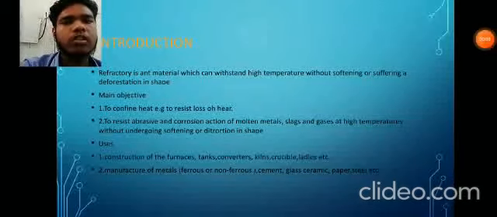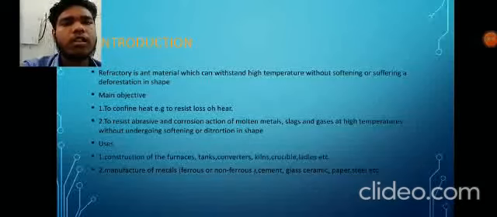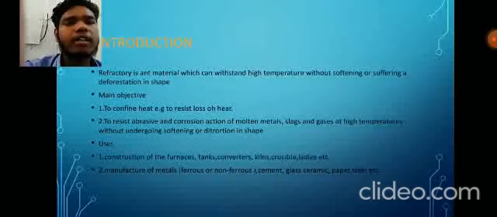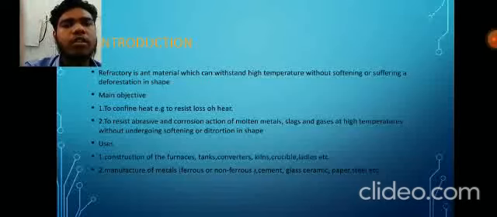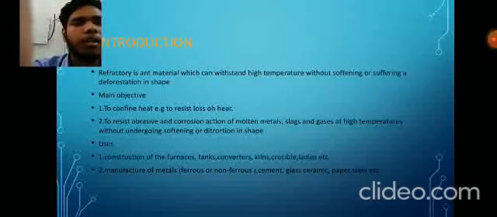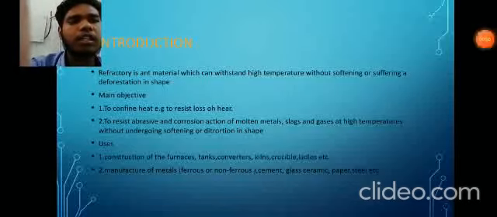Uses: 1. Construction of furnaces, tanks, converters, kilns, crucibles, ladles, etc. 2. Manufacture of metals, ferrous or non-ferrous, cement, glass, ceramic, paper, steel, etc.